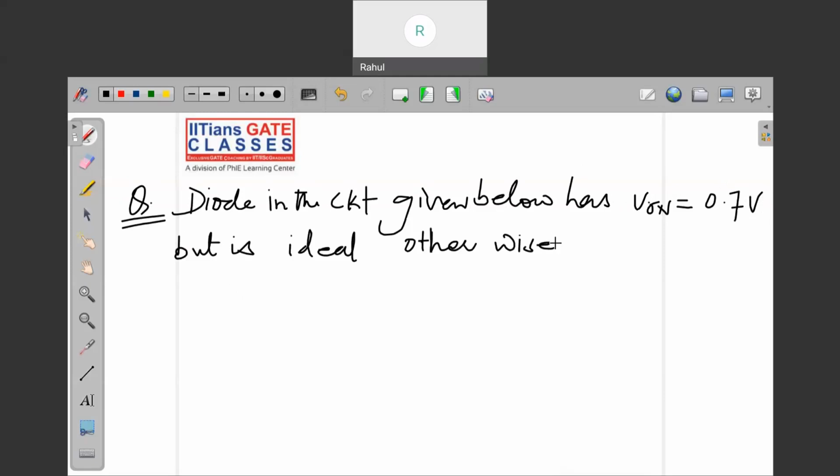You have to find the current in milliampere.